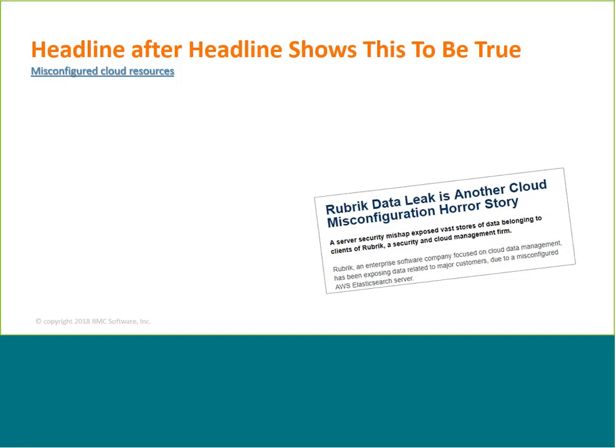Just last week, Rubrik, a major cloud data management player, who make their living managing client data, an enterprise software company, had a single misconfiguration of an AWS Elasticsearch server in a dev account, in a dev environment, not even prod, that exposed extensive customer data. So this is press that no one needs.